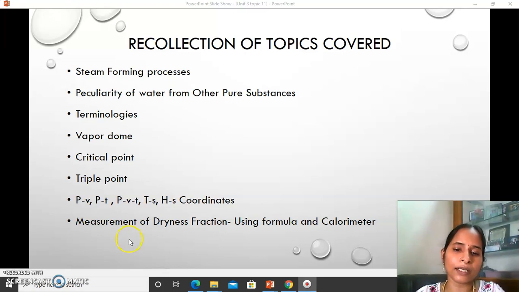This is a very important thing, because when you are taking the steam, how much amount of water is present in it, whether it is dry saturated, superheated or wet steam, how much wetness is present should be known to us, because this is the root and cause for measurement of all other properties like entropy, enthalpy, internal energy, specific volume, by knowing the pressure and the saturation temperature, or temperature and the saturation pressure of that particular steam.